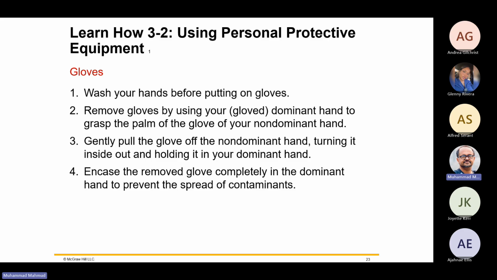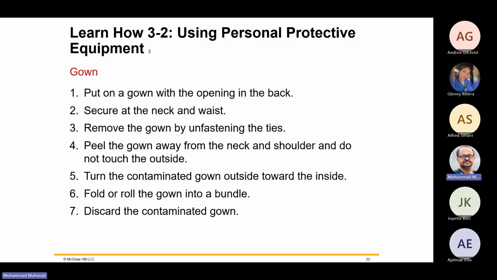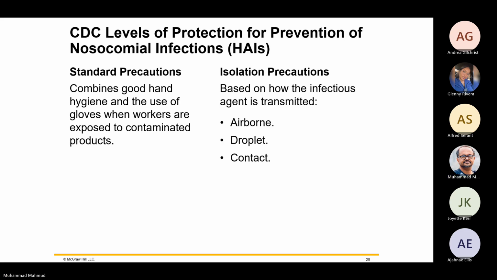So these are the steps about using personal protective equipment. As I mentioned, I will share some videos with you. We can skip these slides for now. Let's go to the CDC levels of protection for prevention of HAIs.